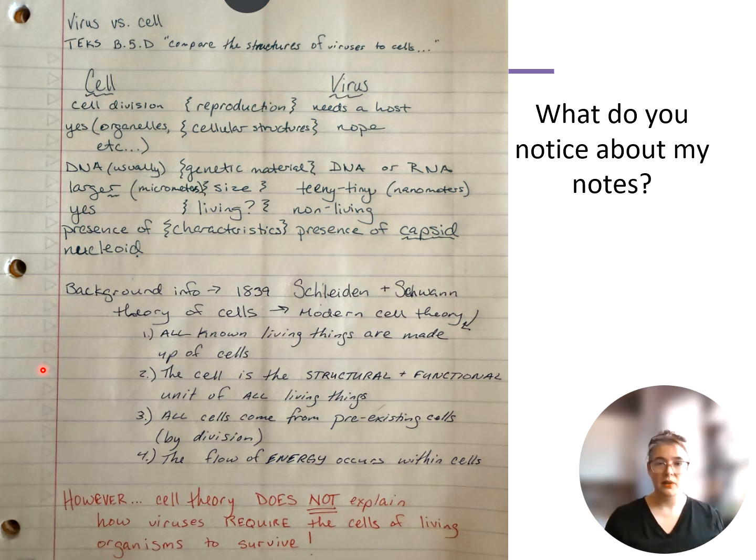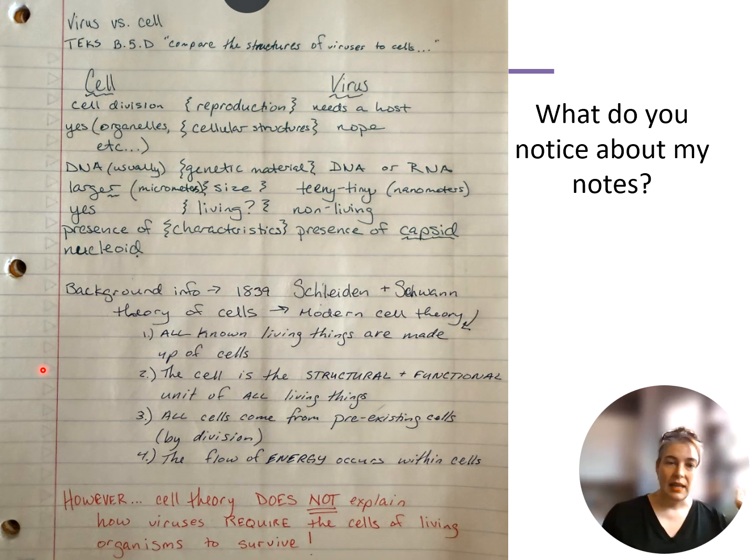And I have on my notes just some background info that hopefully y'all remember from 6th grade, and maybe 7th grade they hit it again, but usually this is from 6th grade. And that's just that cell theory. What do scientists use to classify these living things and cells as a living thing?